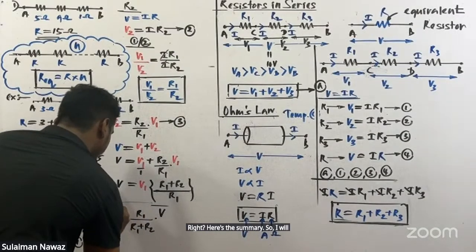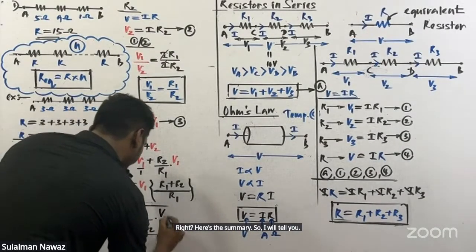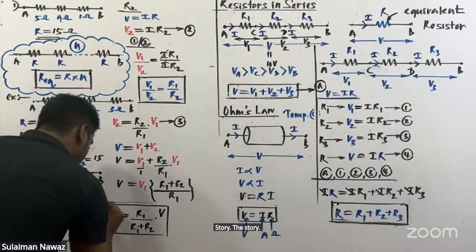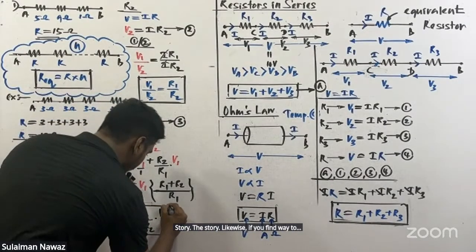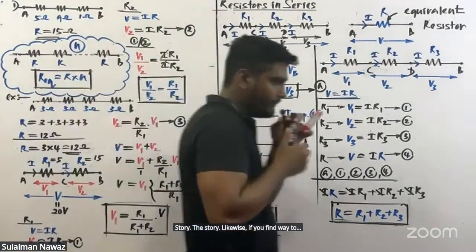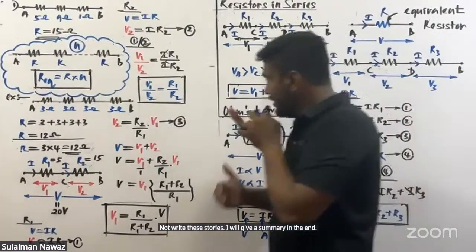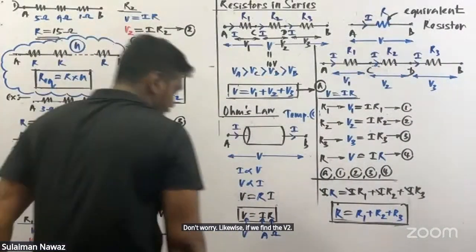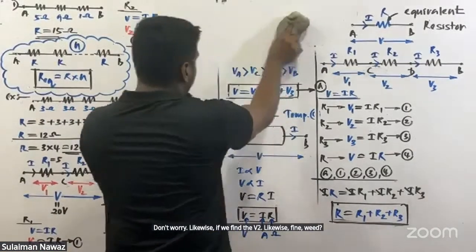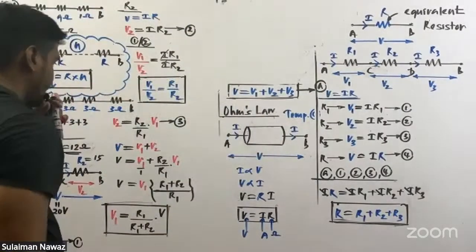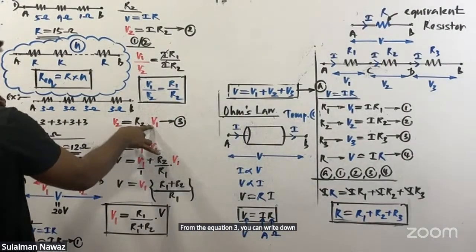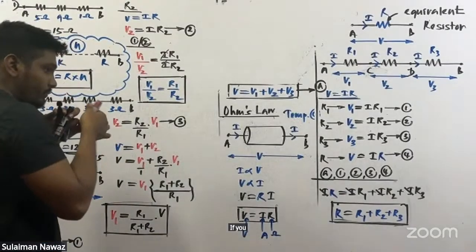Likewise, let's find V2. I will give a summary in the end, don't worry. From equation 3, you can now write V1 in terms of V2.